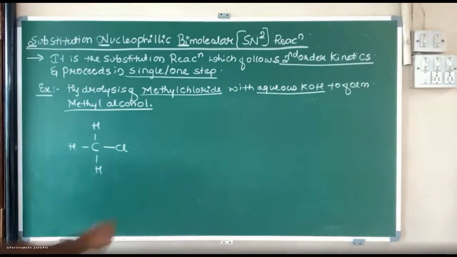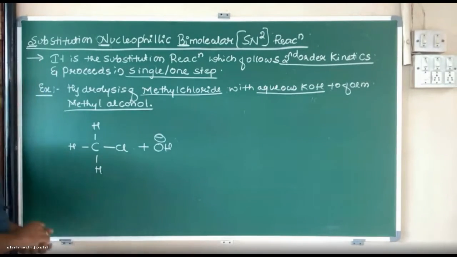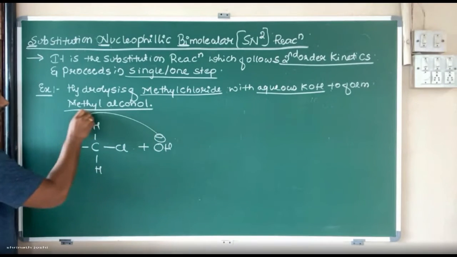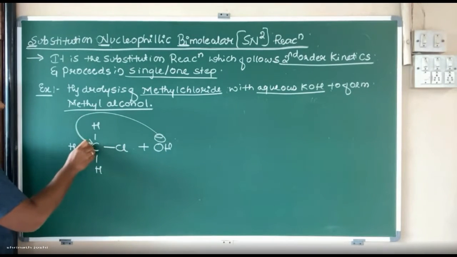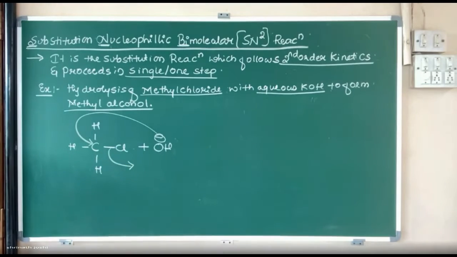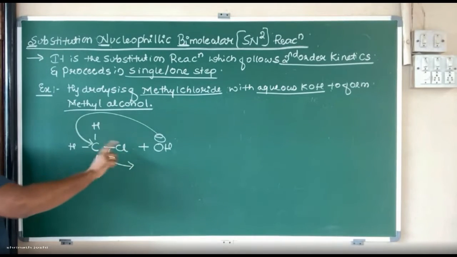Okay. So what I do, I treat with nucleophile OH minus. Here the nucleophile cannot come from the front because there is already a chlorine atom in front. Therefore OH minus will choose a path from the back side, and the chloride atom will eliminate.